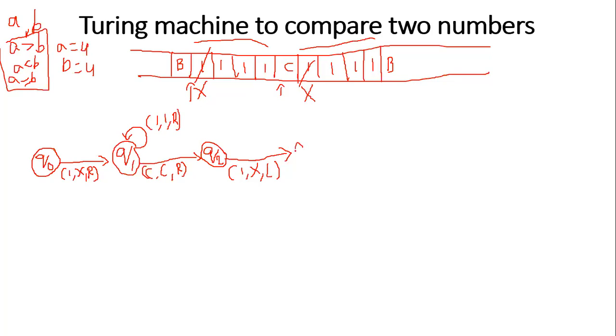What symbols may you get in between? Now, after C, you will get any number of x in between. Just leave them as they are and keep moving to the left side.